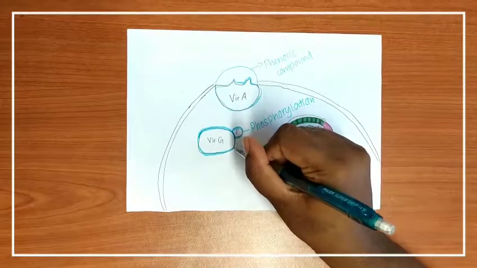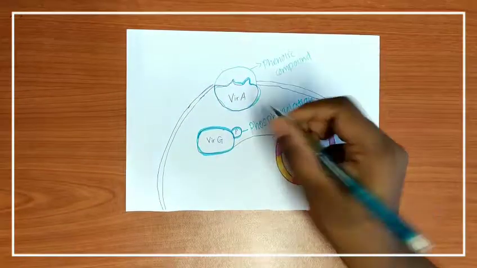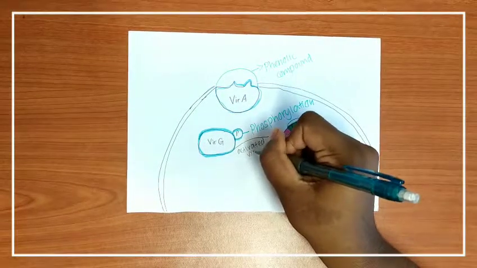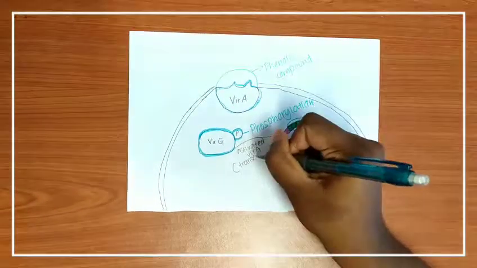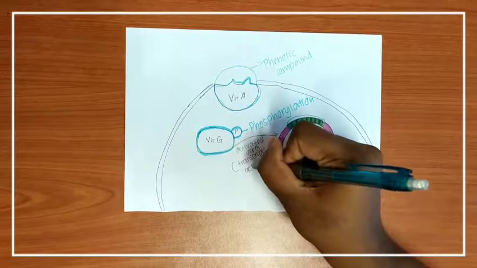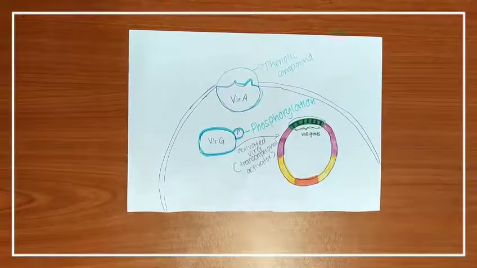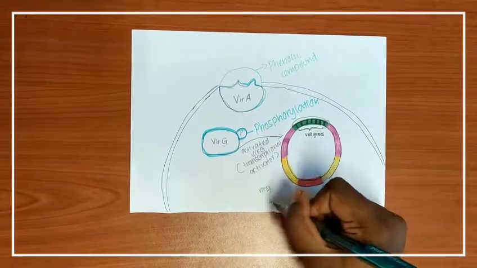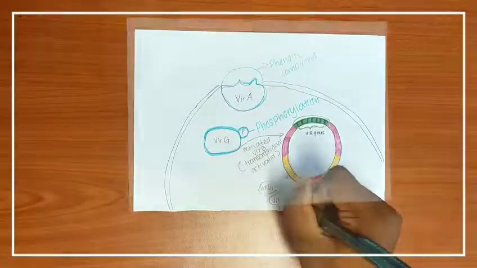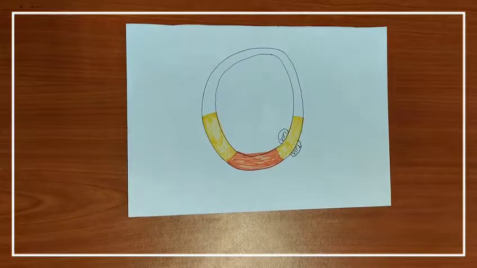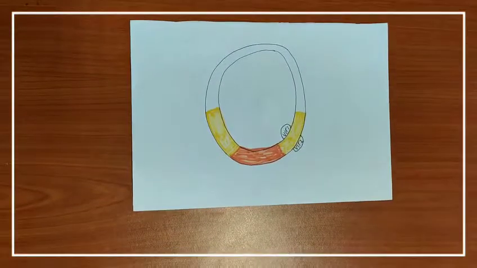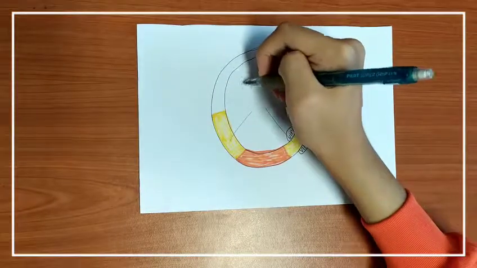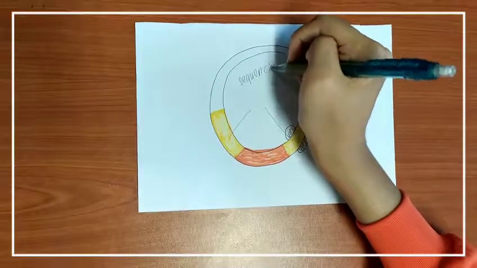The expression of the other Vir genes requires activated VirG as a transcriptional activator. Two of the gene products are VirD1 and VirD2. The VirD proteins are endonucleases, which are enzymes that cut at the 25 base pair sequence repeats at the ends of the T-DNA.